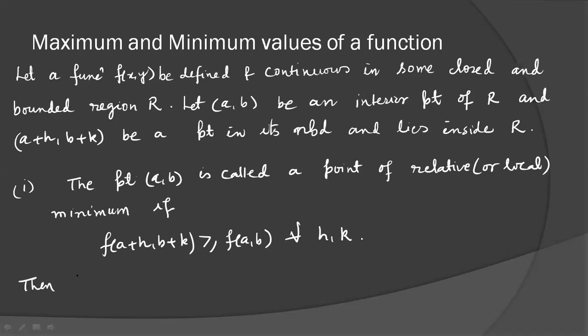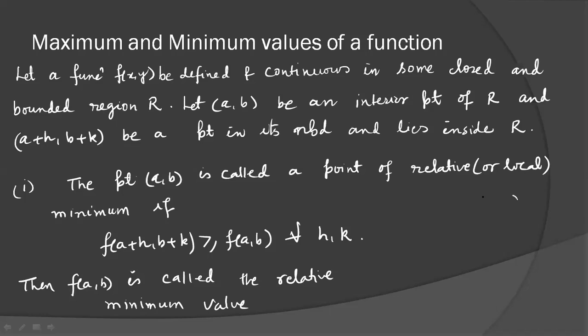Then f(a, b), the value of the function at (a, b), is called the relative or local minimum value.